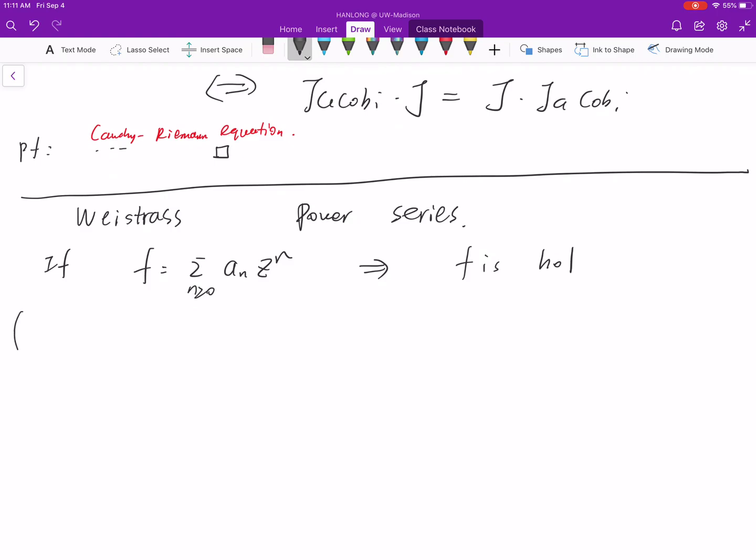And next time, after we introduce the Cauchy integral formula, we can show that if f is holomorphic according to our definition, then f must be a power series locally near each point.